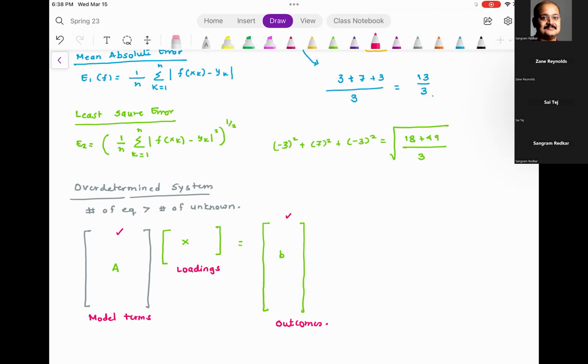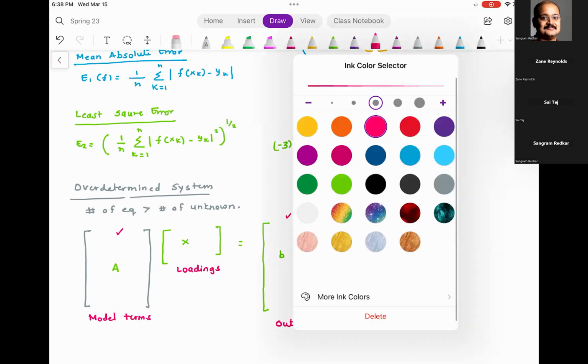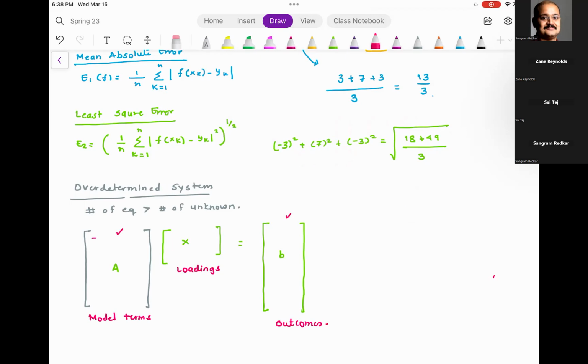Now here, there is another problem. Say, for an example, typically we talk about this completely populated A. But please understand, when you are trying to solve an actual data science problem, this A may or may not be fully populated, which means there could be a bunch of zeros.